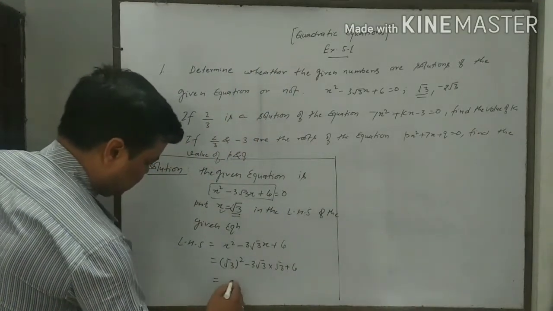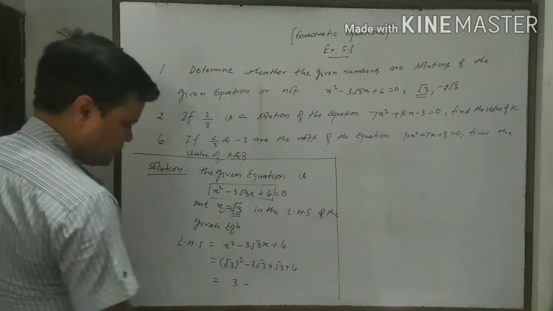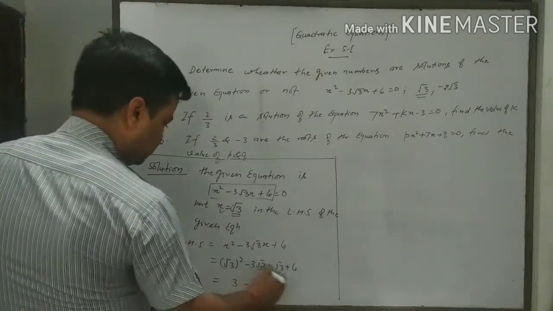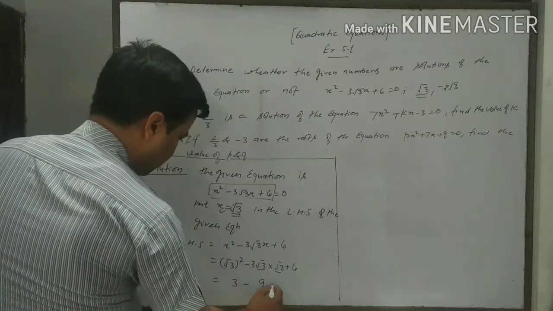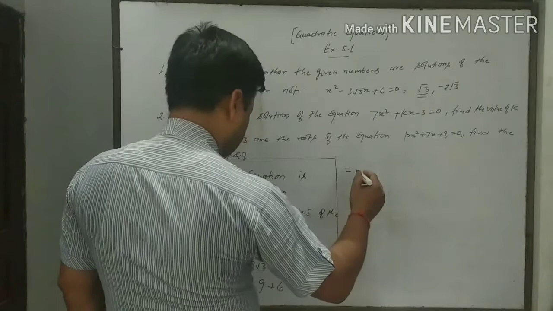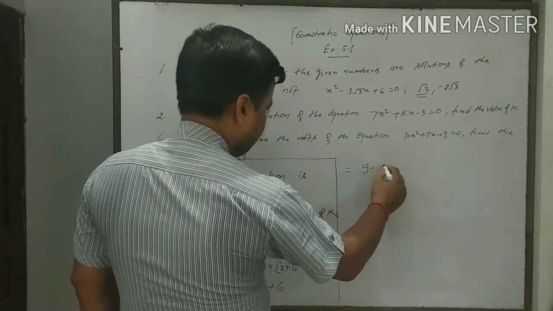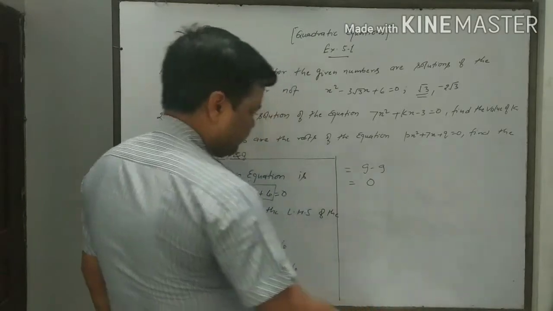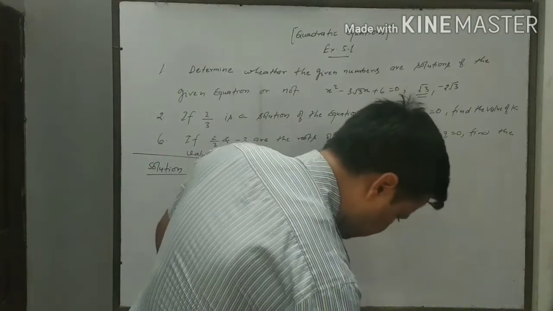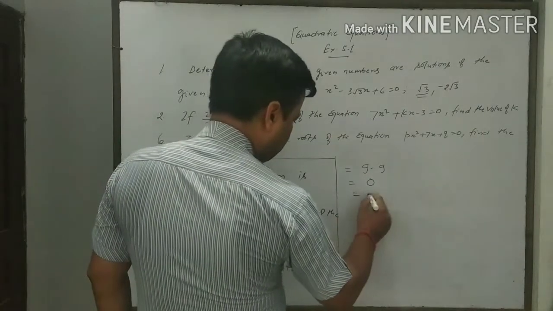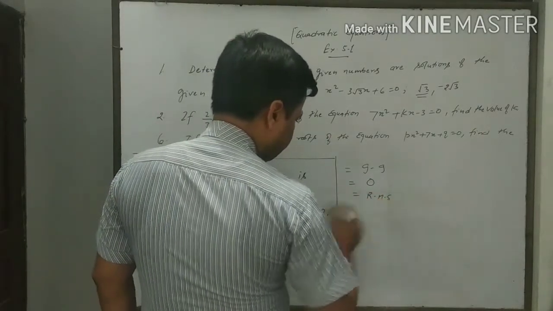Here root 3 square will be 3, minus this root 3 and root 3 will be 3, and 3 into 3 will be 9, and here plus 6. Then its value will be 9 minus 9 is equal to 0. Getting? 9 minus 9 is equal to 0, which is equal to the right hand side.